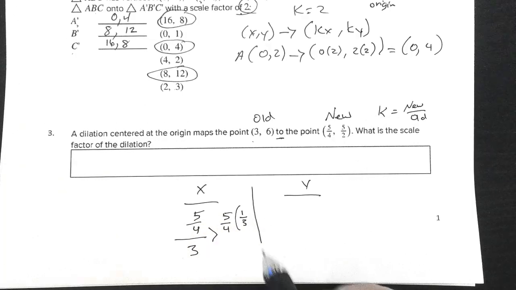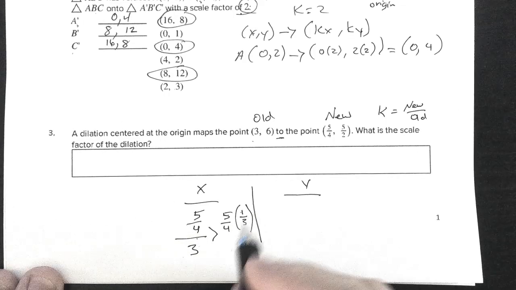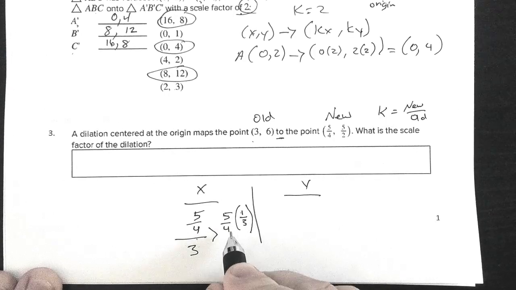As we go back to elementary math, when you're dividing fractions, you multiply by the reciprocal. So we just flip that over. All right, so 5 times 1 is 5 over 4 times 3 is 12.